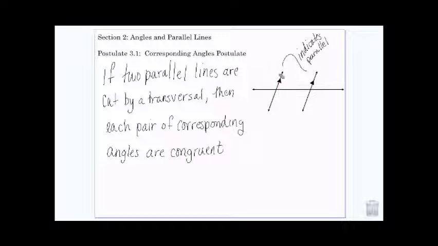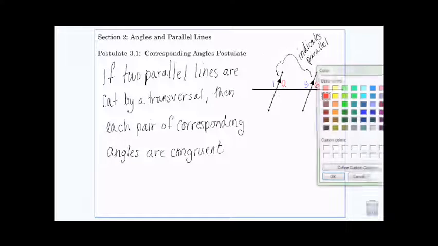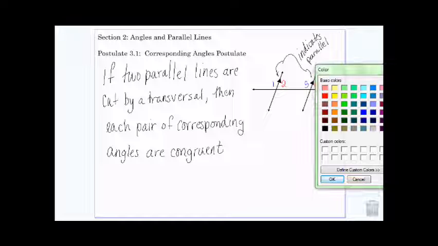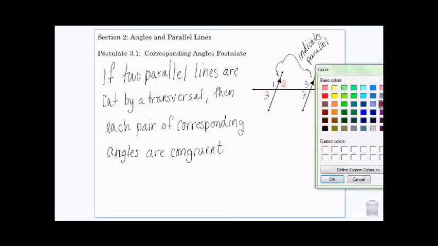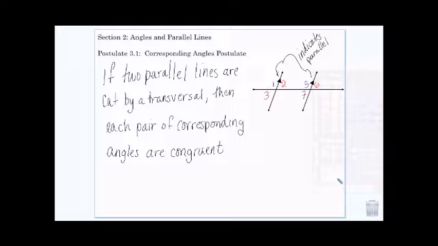Now, we had these arrows that indicate the parallel, but I want to go ahead and label our angles. So remember, 1 and 5 are corresponding, they're in the same position. 2 and 6, 3 and 7, and 4 and 8.